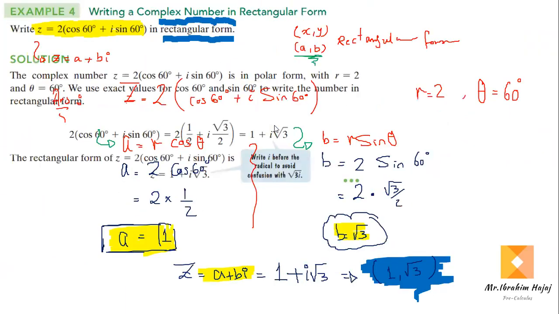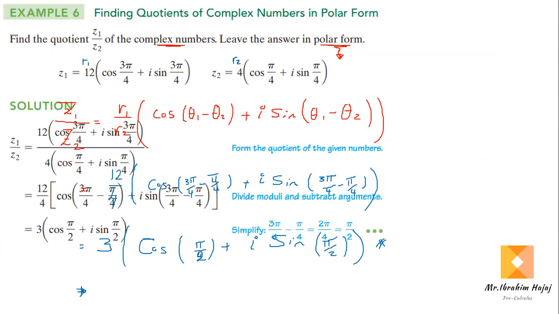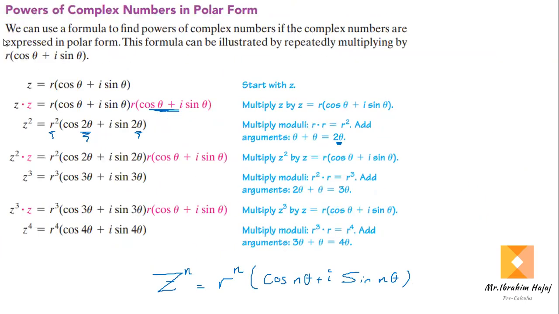Lesson 6.5. We have product, and we took the quotient of two complex numbers, and now powers.